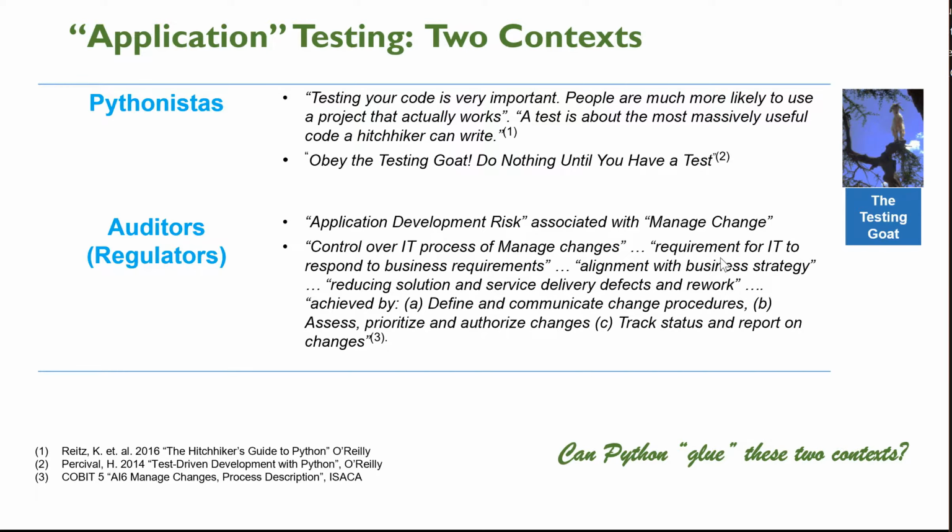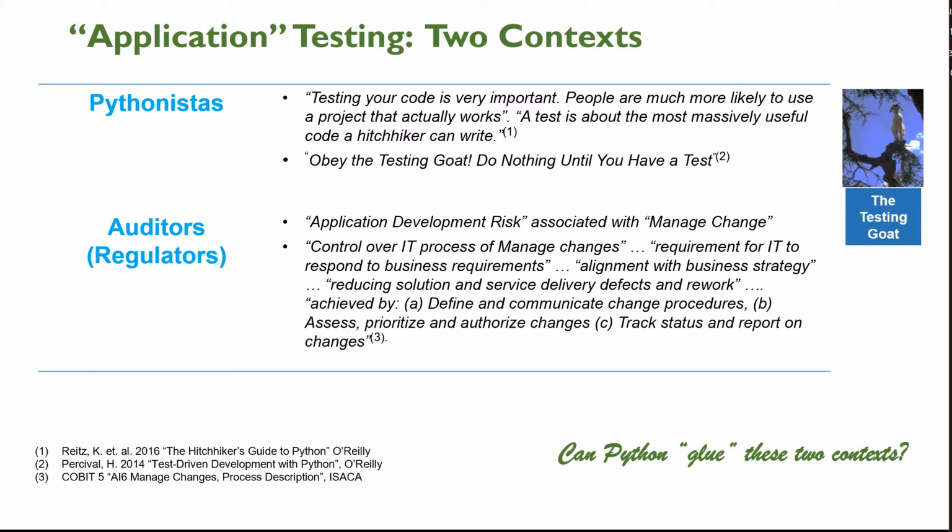how we as IT respond to the requirements, how that aligns with business strategy, how that reduces solution and service delivery defects and rework, and mainly here the three key deliverables that auditors like to look at. Number one is whether the changes were defined and communicated.